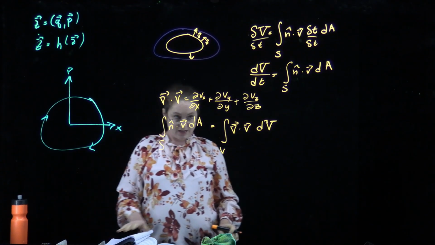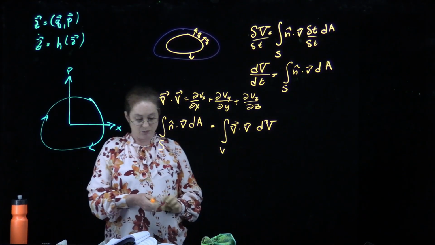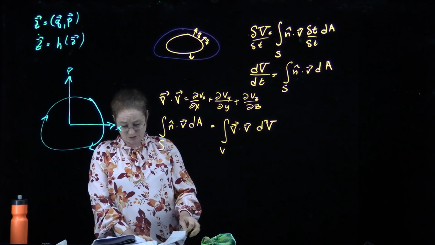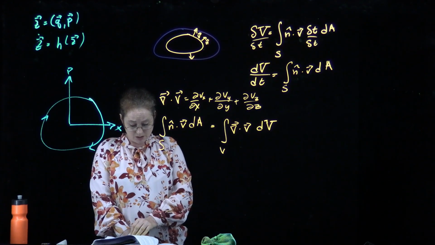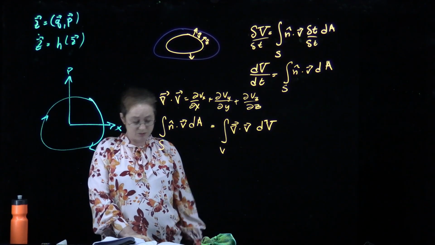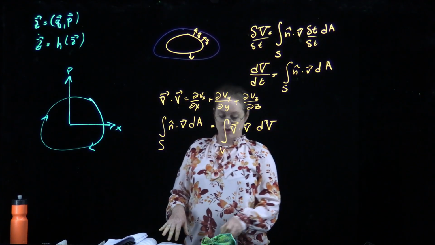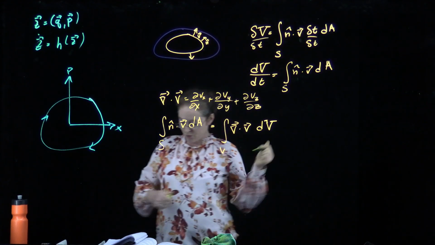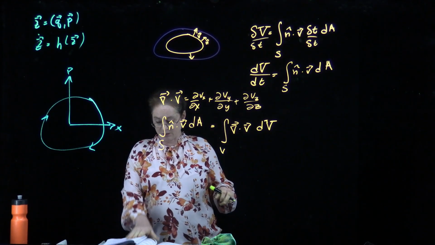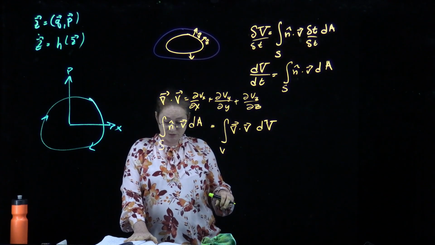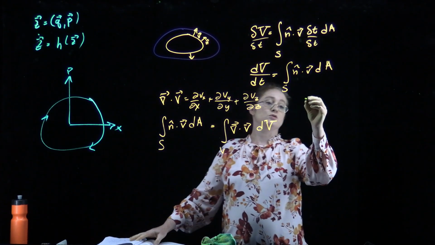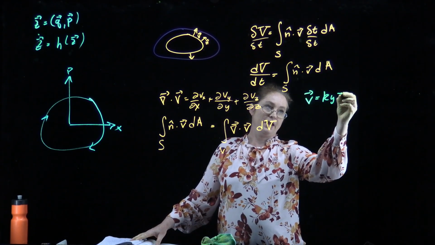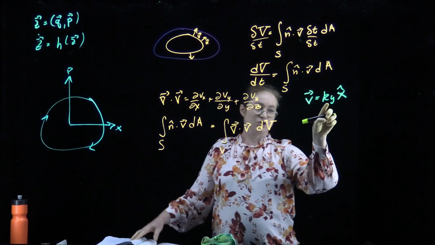we can look at example 13.7, and we're actually going to come back to some of this, so I'm going to leave a little bit on the board and just change my colors. So, example 13.7, shearing flow. Let us use a velocity vector of ky in the x hat direction.